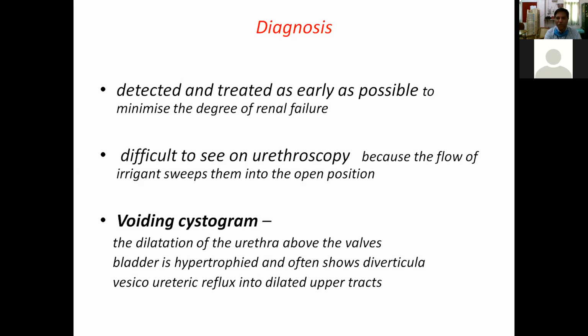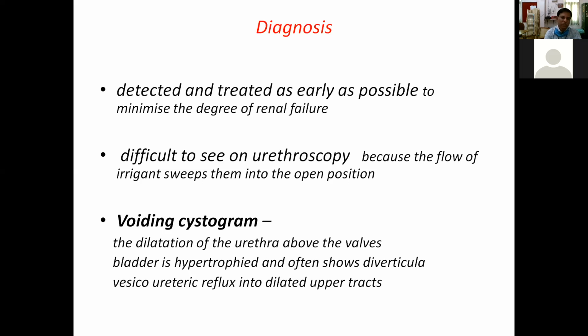When he attempts to pass urine, you take the X-ray. Because he is attempting to pass urine, urine enters the proximal urethra, and the urethra gets dilated because of obstruction at the membranous urethra. So the voiding cystogram is the important investigation which will show you the obstruction at the typical level.